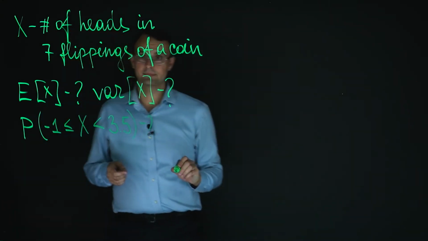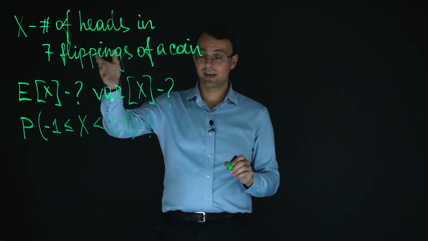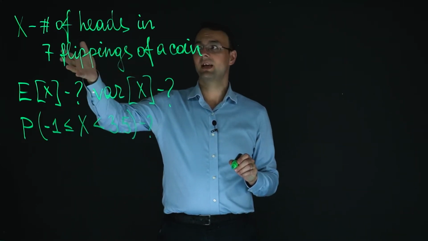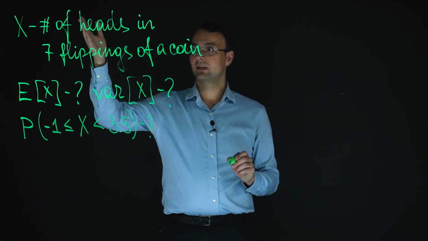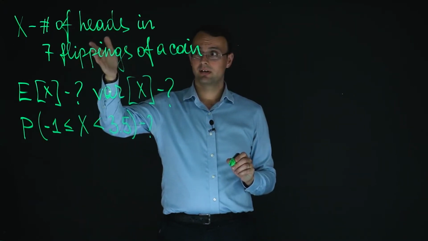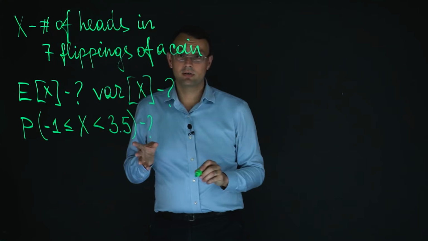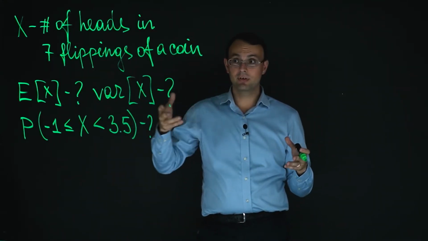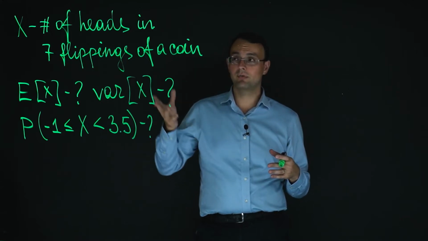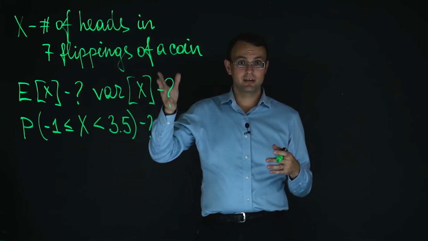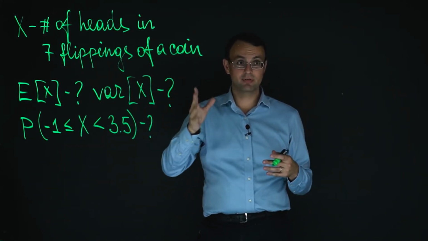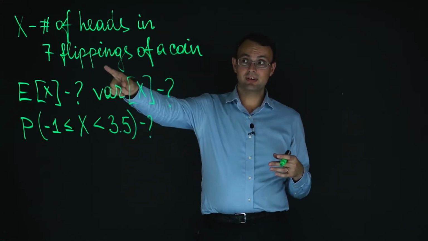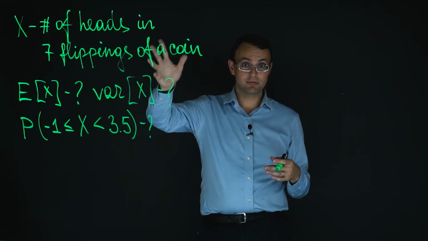So, as you see, they don't say anything about the distribution. They say x is a number of heads in 7 flippings of a coin. But you say that multiple flipping of a coin is a classical example of what the Bernoulli scheme is, what a series of Bernoulli trials is. So you say this is a number of successes in a series of Bernoulli trials.